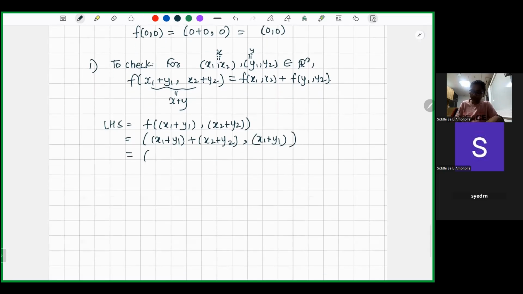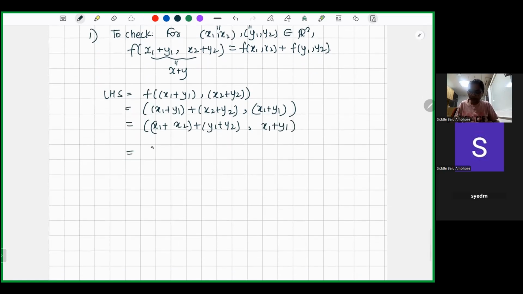And this is equal to x1 plus x2 plus y1 plus y2 comma x1 plus y1.